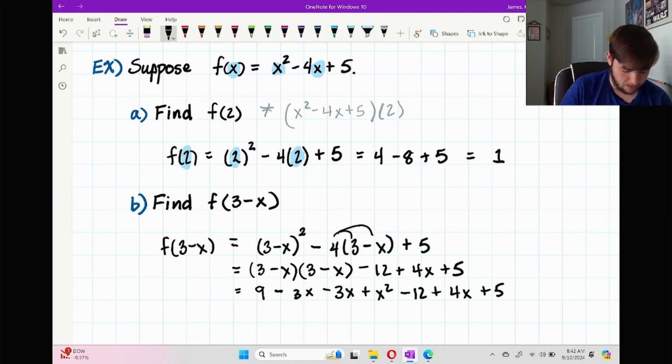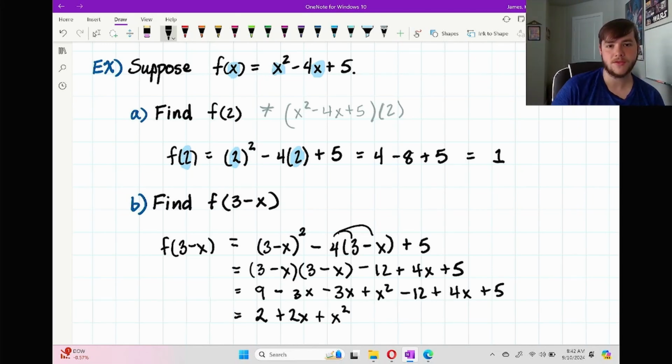And now I need to combine my like terms. For my constants, I have 9 minus 12 plus 5, which is 2. For my x terms, I've got minus 3x plus 4x, which is 2x. And I just have x squared. So that would be the final answer.